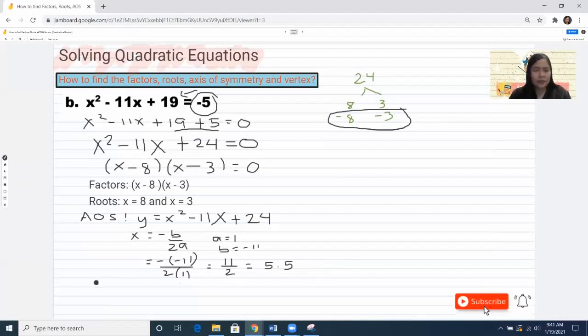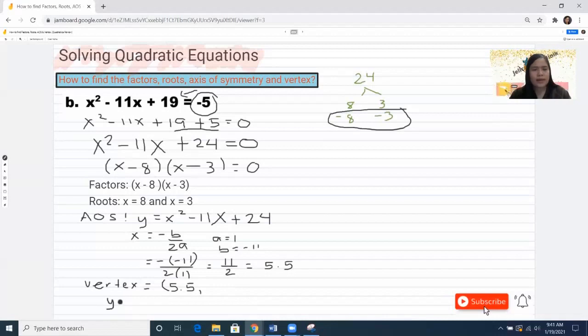Then to find the vertex, we'll substitute the value of x, the 5.5, into the equation to find the y. The vertex is written as an ordered pair, which is x and y. We already have the value of x, which is 5.5. Now we're going to look for y.